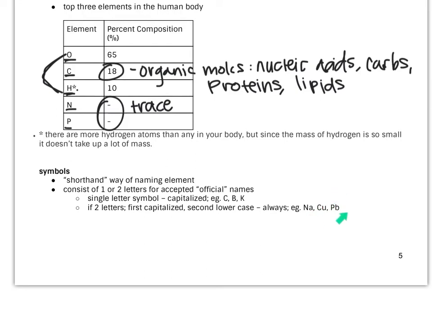So let's talk about lead right here, because you might be like, and even for sodium and potassium, you might be like, well, why isn't lead Le, or why isn't sodium So? Because the world doesn't revolve and shouldn't revolve around English speakers. So a lot of the discoveries of these elements were not made in English-speaking countries in Europe.